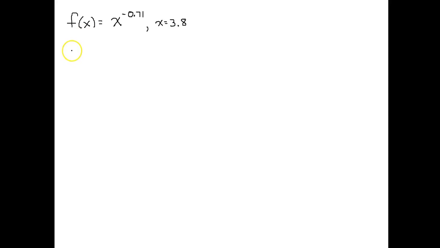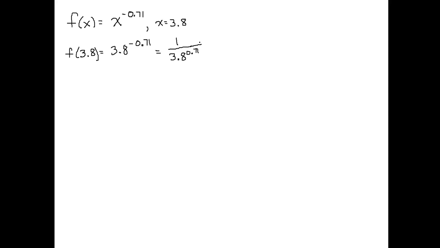So you're finding f at 3.8. So we've got 3.8 raised to the negative 0.71. Now with the negative exponent, I know that this is equivalent to 1 over 3.8 to the positive 0.71. But beyond that, I don't know how to do this by hand.